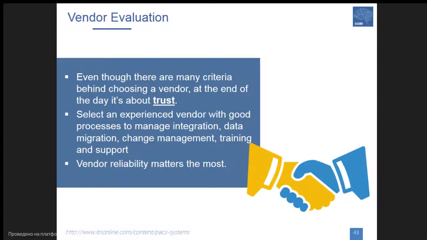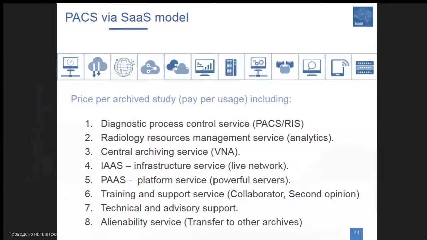There might be a very nice technical solution, but the poor management of the solution by the vendor would completely destroy the process. The very popular model of purchasing, of procurement now, is called software as a service, or infrastructure as a service, or platform as a service.